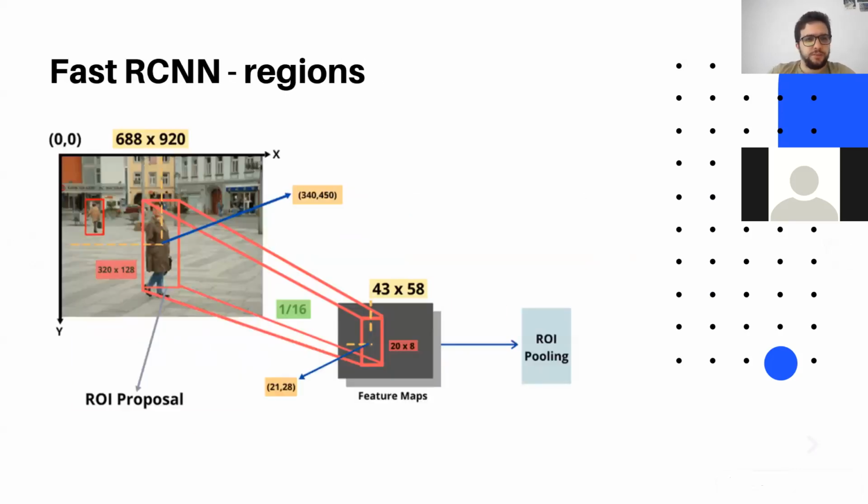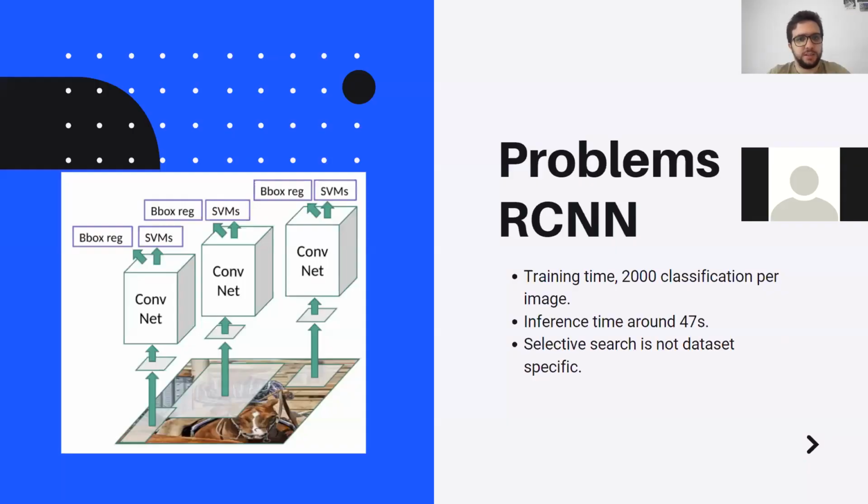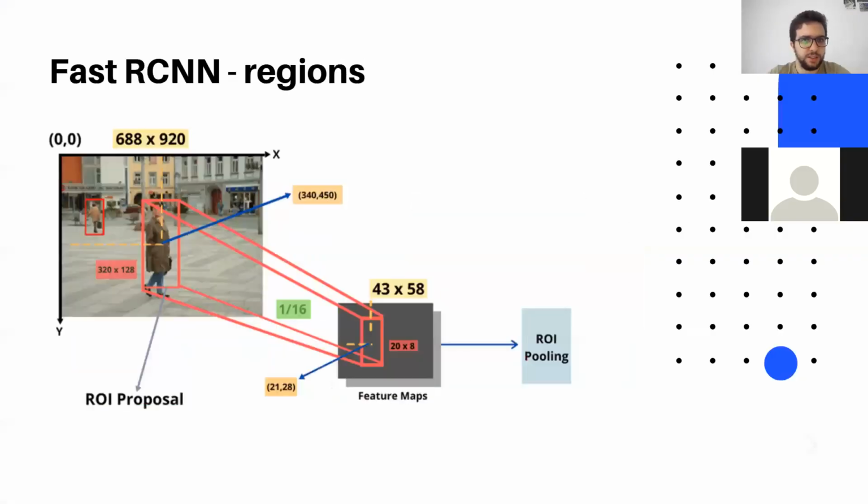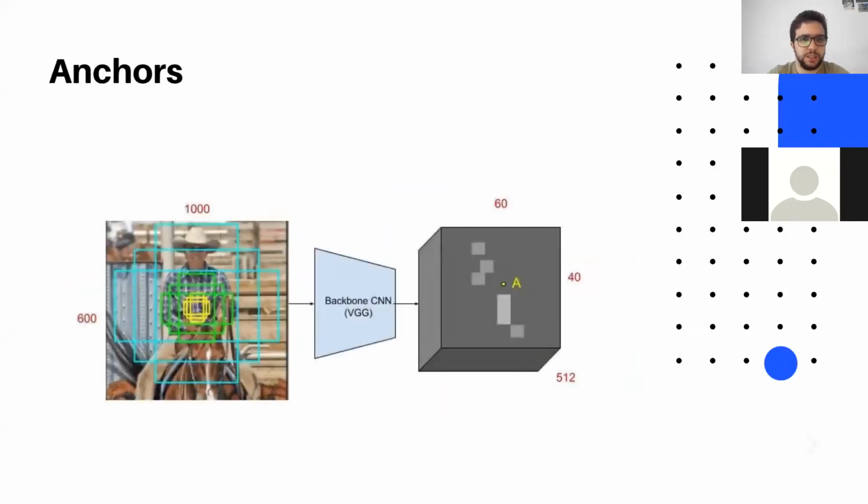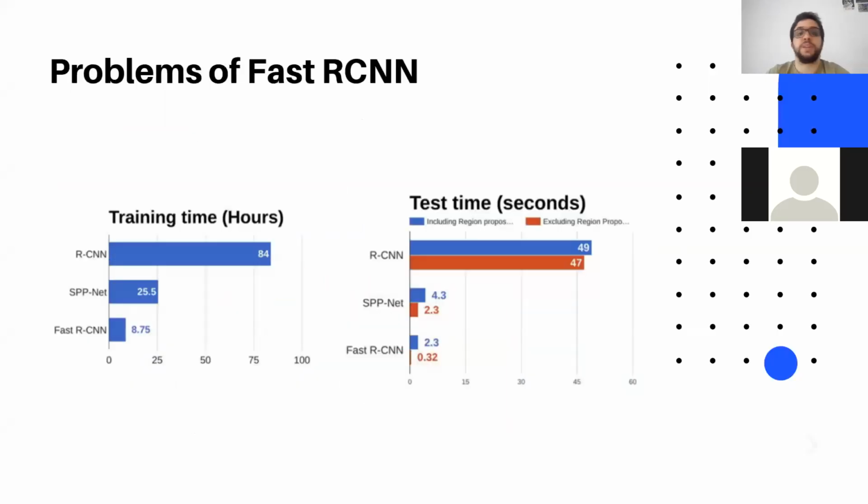Okay, I think the slides are not updated yet. I should have a slide here about the problems of Fast RCNN. Well, the biggest problem of Fast RCNN now remains, which is the region proposal algorithm. The region proposal algorithm is still being used. It's not dataset specific.